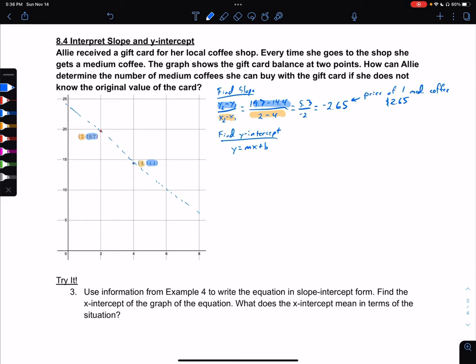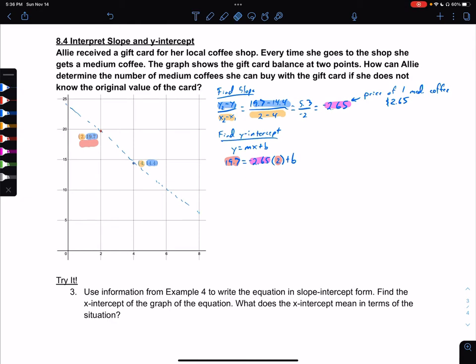I'm going to use the first point, so I'm going to use the 19.7. My m value is negative 2.65, and my x value would be 2 in this case. So I'm choosing this point here for my x and my y, and then the m value is my slope. I'm going to plug that in.